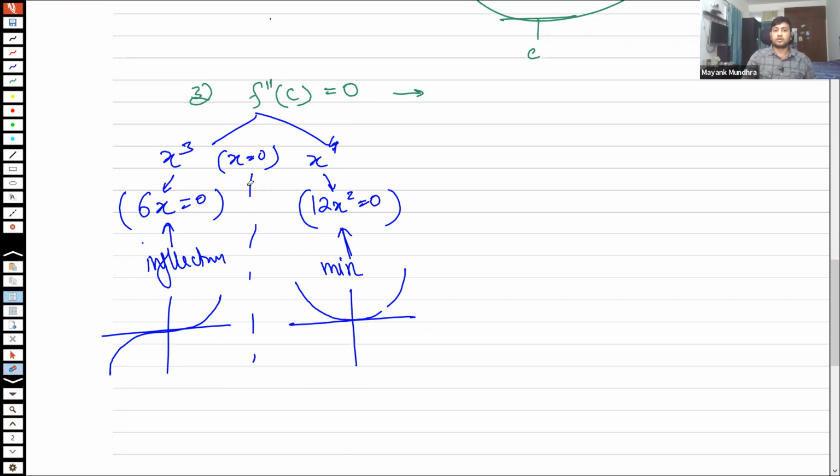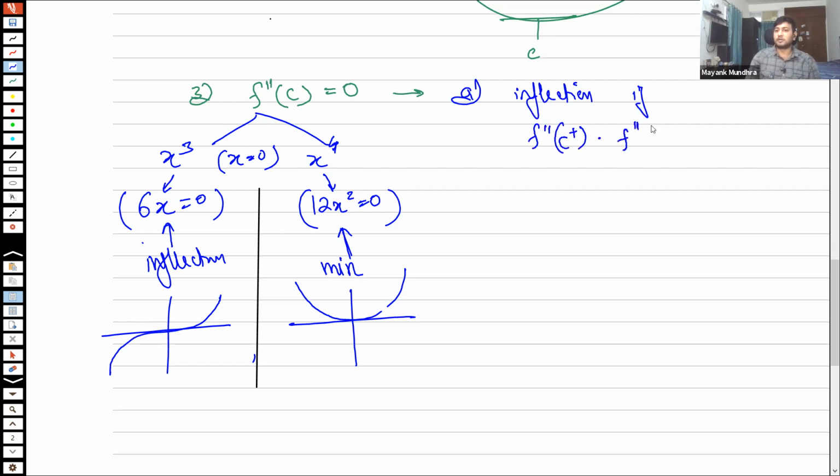So it's not that you are wrong, but it's not necessarily always true that f double prime equals 0 is inflection. This is going to be an inflection if f double prime c plus times f double prime c minus is negative.